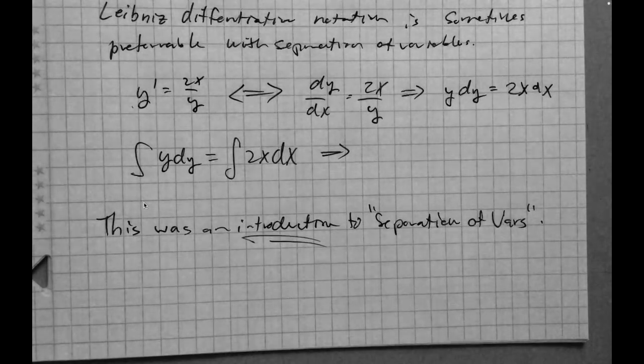In order to motivate some of the things we're about to talk about, the growth and decay models in particular, we needed at least some sense of how to solve a differential equation. The next section will delve deeper into the separation of variables idea, and we'll develop it a little more rigorously and thoroughly. But for now, that's enough to get us into some examples here.